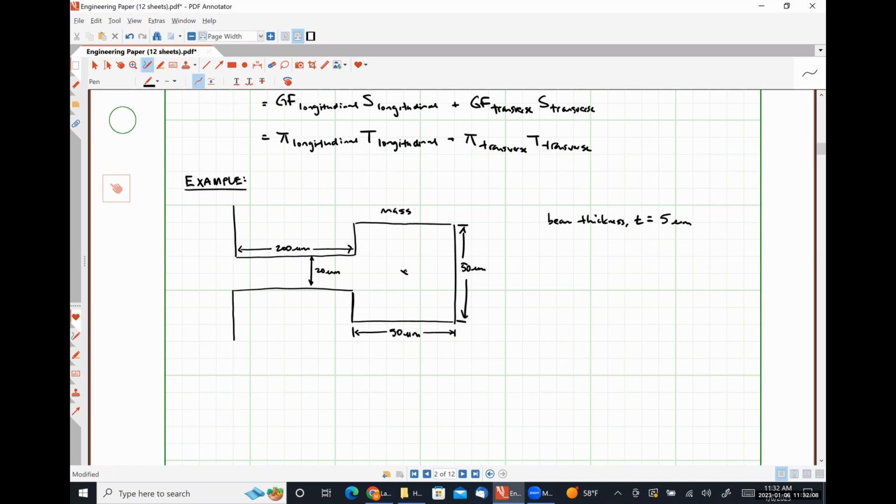And I'm going to say that there is a point force directed into the page, F, going to cause my cantilever beam to deflect into the page. Where my applied force is 25 micronewtons.